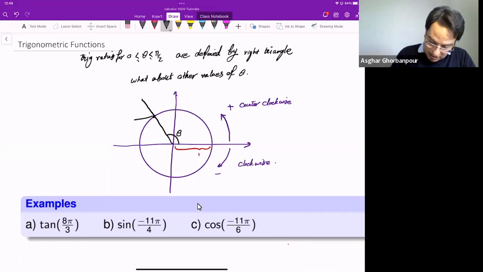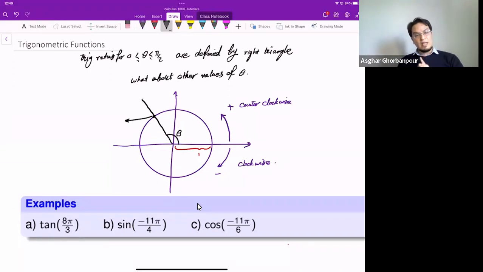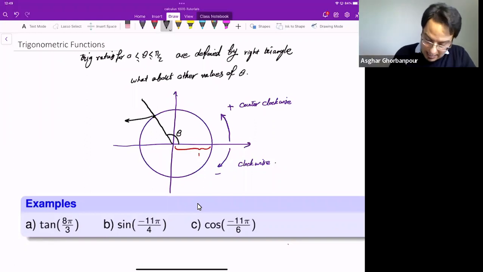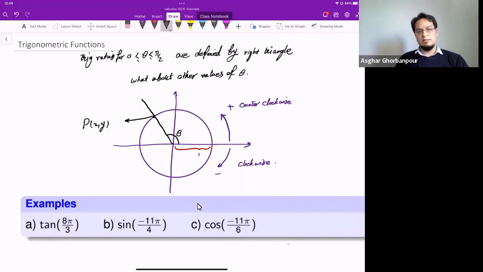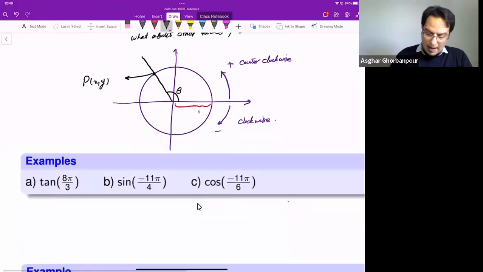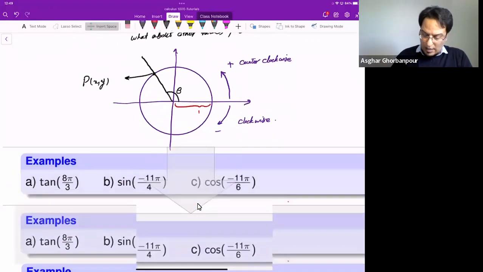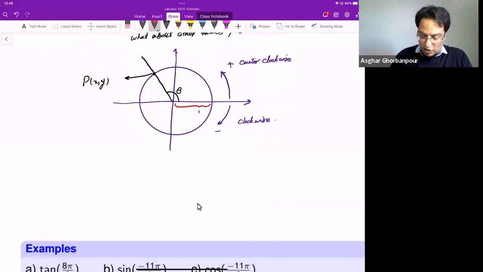Then the intersection point of that ray and this unit circle is a point, and it has x and y coordinates. Note that this x and y now can be different values. And then in that case, you start defining these ratios.